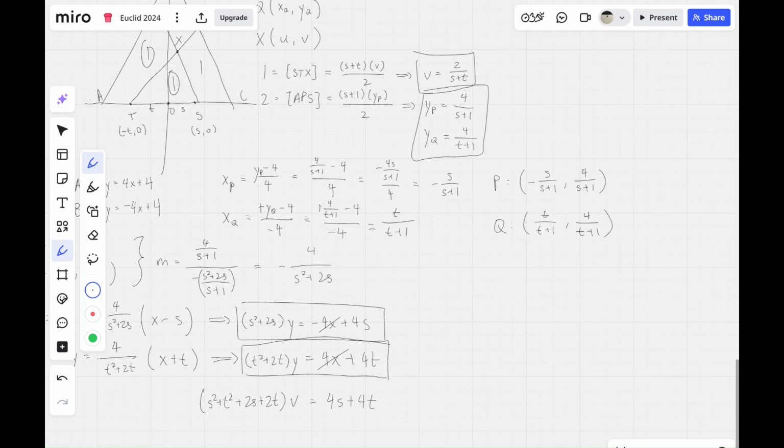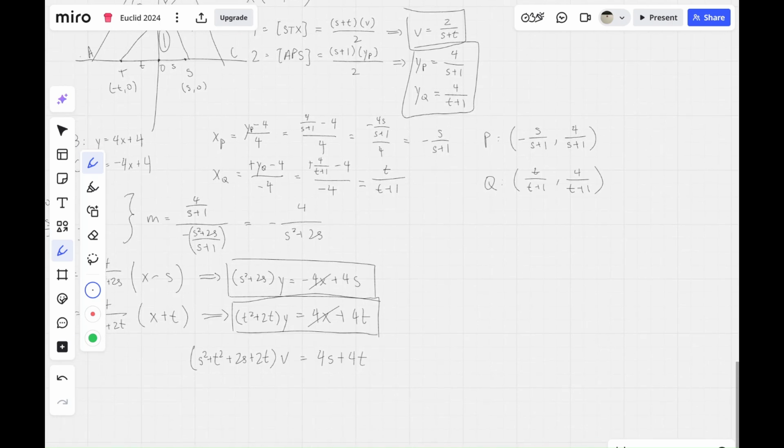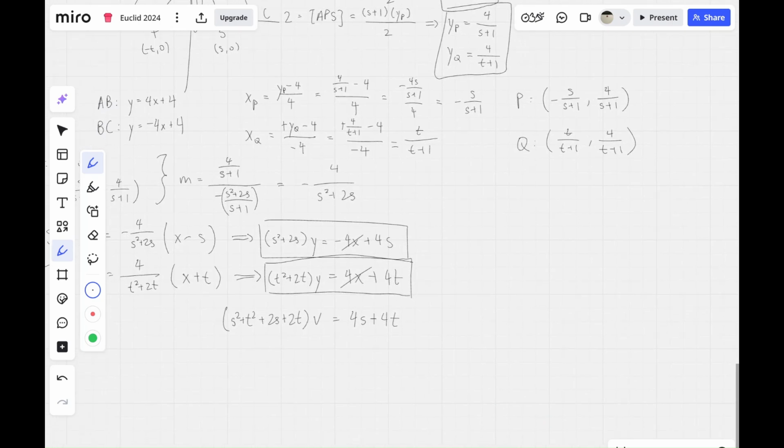However, earlier we had that v was equal to 2 over s plus t. When we substitute that in, we get (s squared plus t squared plus 2s plus 2t) times 2 over (s plus t) is equal to 4s plus 4t. And this is the desired equation we want between s and t. Once we move the denominator to the other side and simplify the equation, we can divide by 2 on both sides.